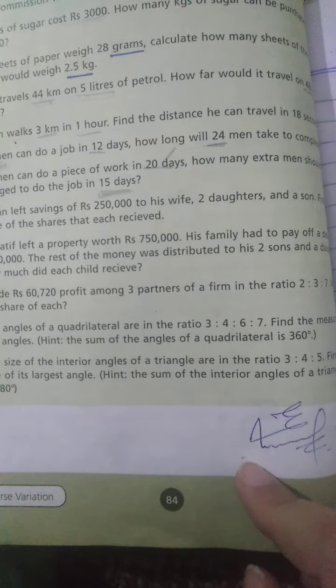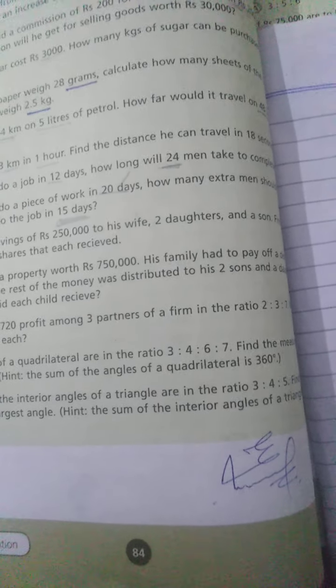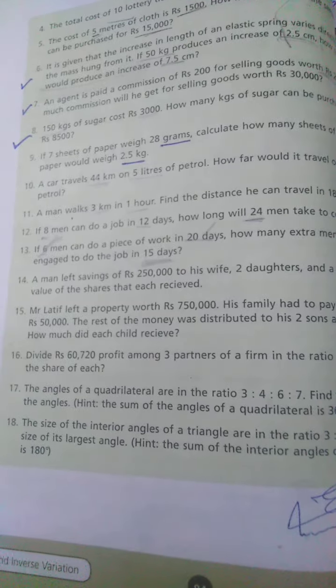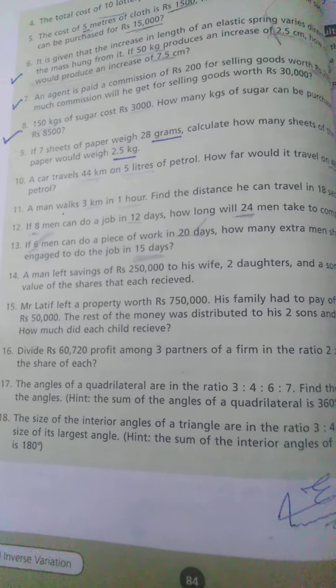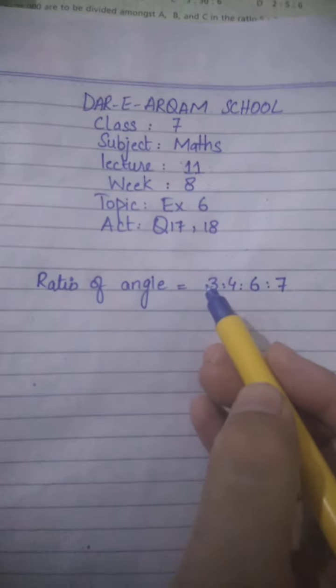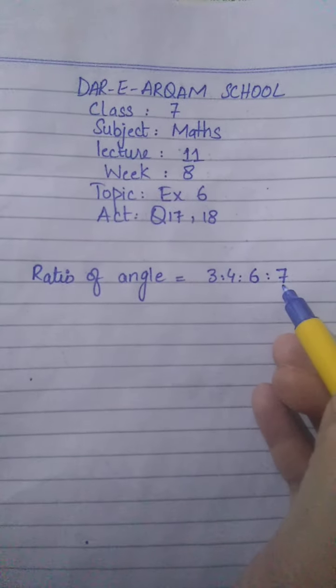So in this question, the ratio of the four angles of a quadrilateral is given. As we know, a quadrilateral has four angles and the sum is always equal to 360 degrees. First, the ratio of angles is given: 3, 4, 6 and 7.